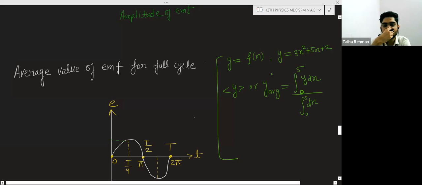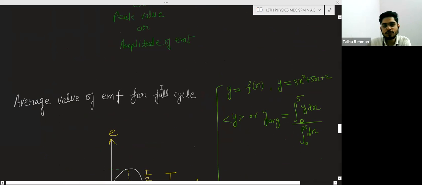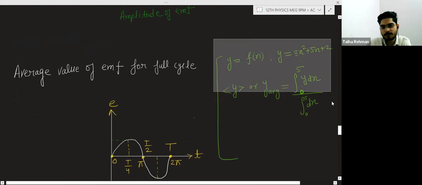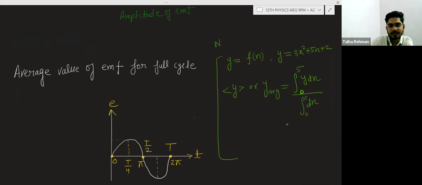This thing you should know, and with the help of this you can calculate the average value. Accordingly you can calculate the average value of EMF for a full cycle. Just note down this point, then we will calculate the root mean square value of the EMF or current. That is the most important thing.